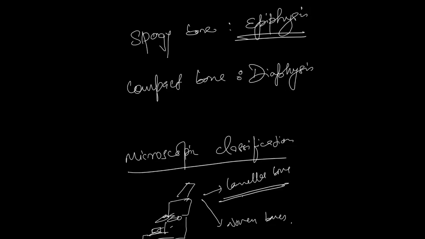Here, what do we mean by lamella? Lamella is called regular arrangement. Hence, here the collagen will be arranged in orderly manner in concentric sheets. But woven bone will have random arrangement of collagen. Okay.